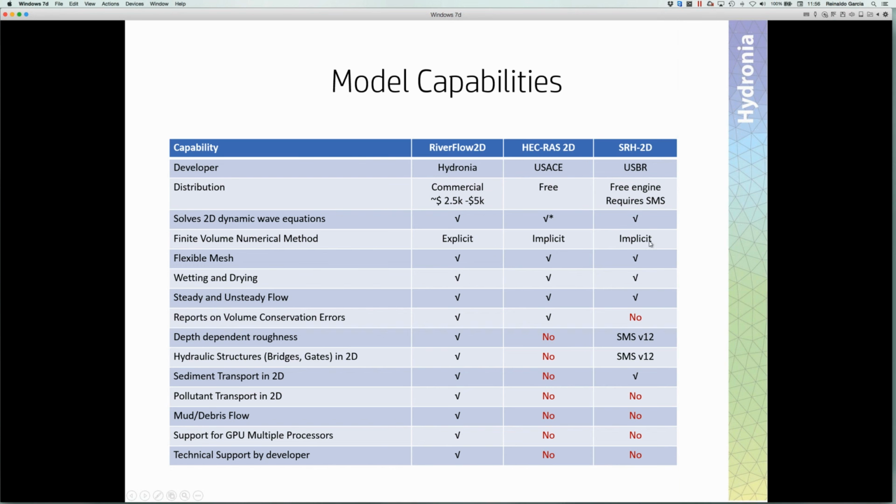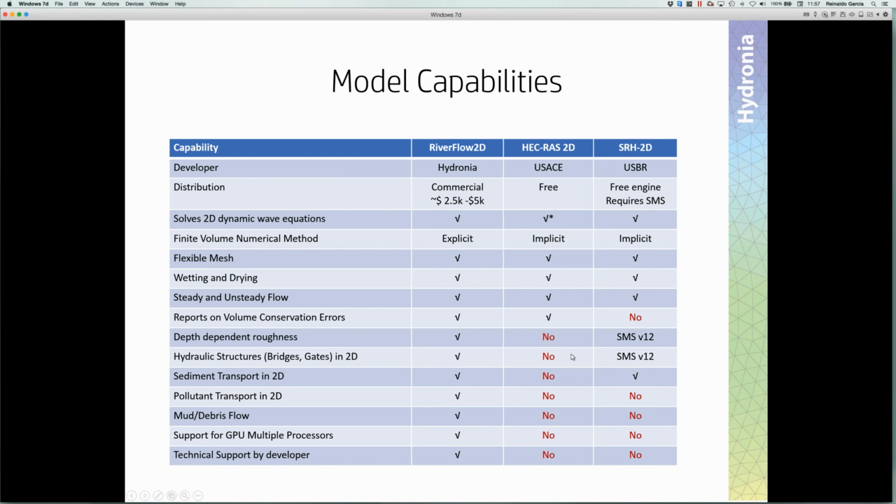In theory, you could use a larger time step for solving the equations with those. They all use a flexible mesh. They deal with wetting and drying on steady flows. They report volume conservation, except SRH-2D doesn't seem to report it, which is a certain drawback.